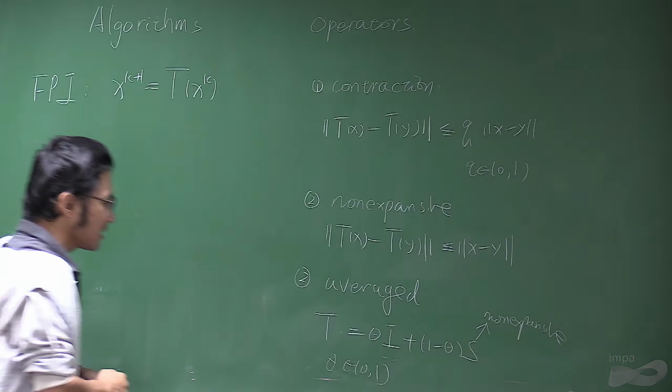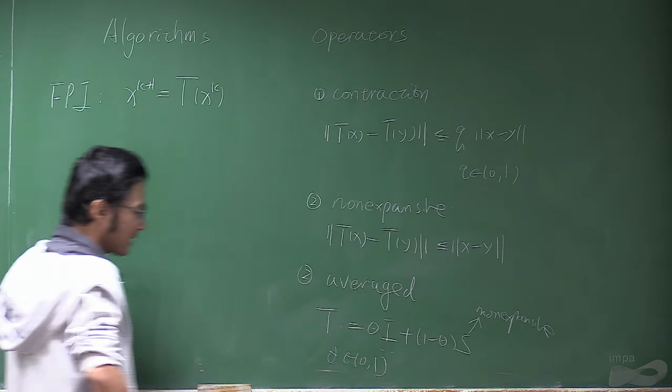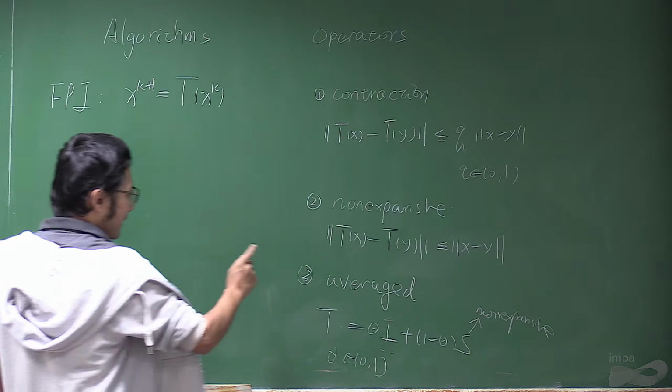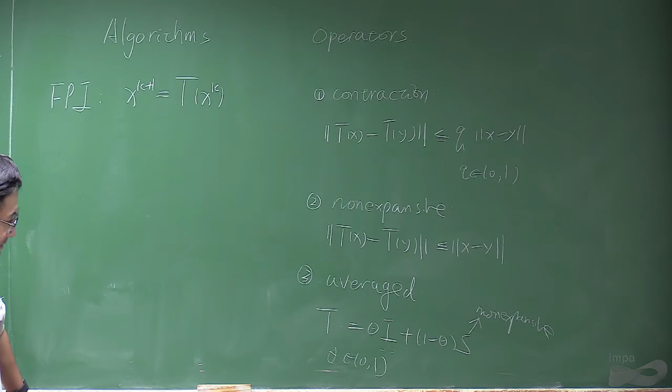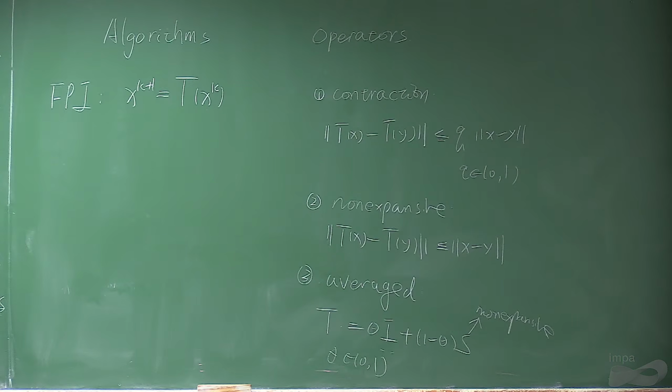It cannot equal 0 or 1. If it equals 0, it is non-expansive, okay? So if the operator satisfies the assumption of averagedness, then the corresponding fixed point iteration converges. This is what we are going to talk about today.